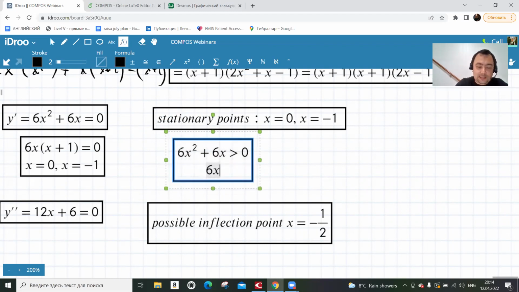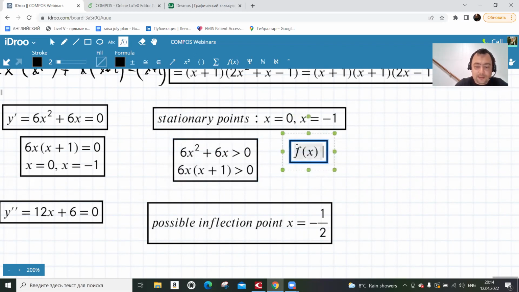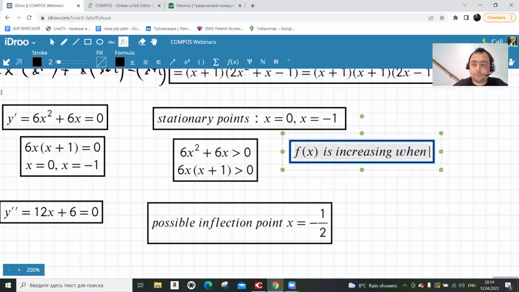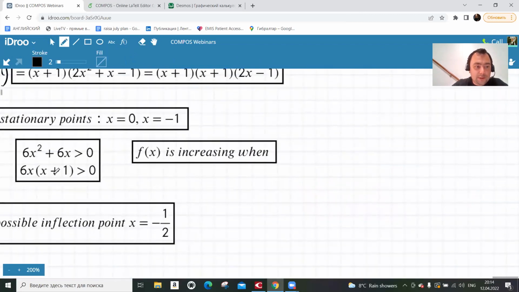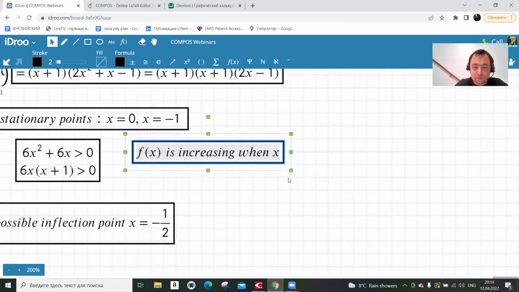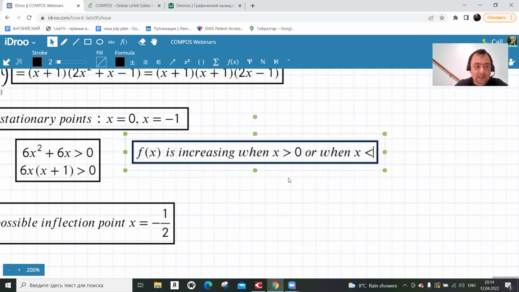And so that's 6x, x plus 1 is greater than 0. So f of x is increasing when? Well, I hope you know how to solve quadratic inequalities. So here, it's greater than 0 when x is greater than 0, or when x is less than -1. Okay, you can see it from here.